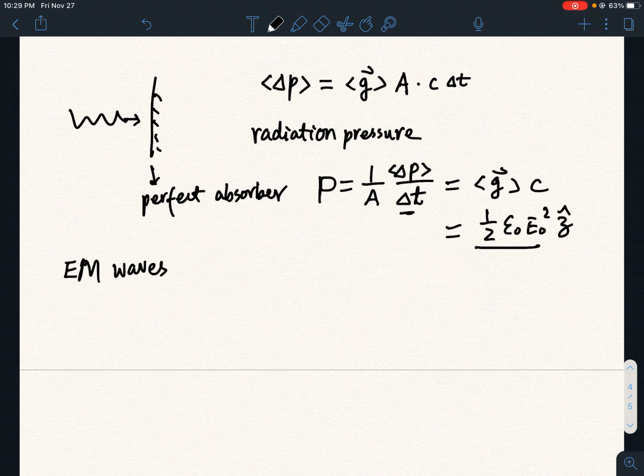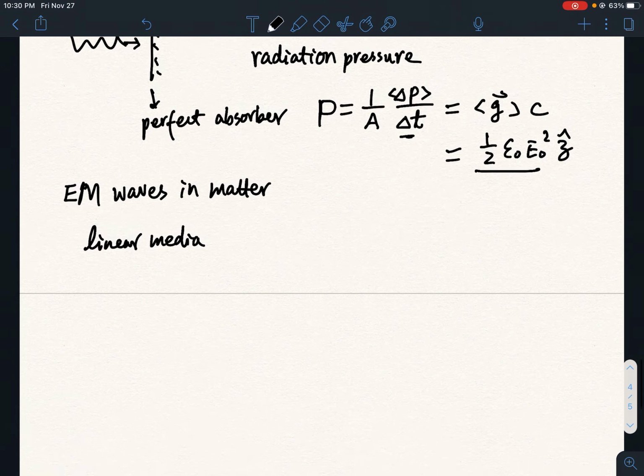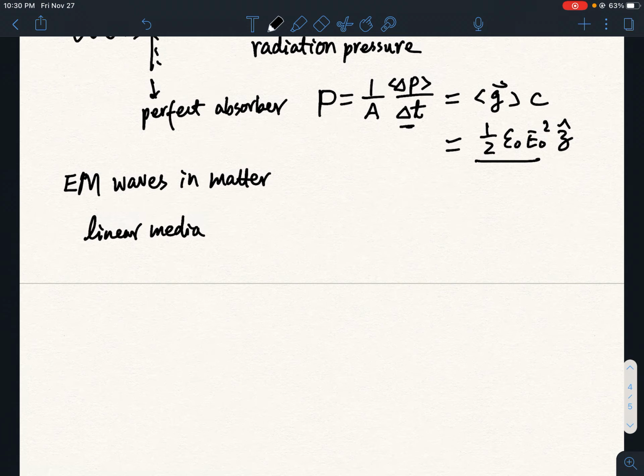Now let us consider the electromagnetic wave in matter. We know the equations that we described before, and it is often very complicated. Let us only talk about linear media, so it will be easier to handle, and we also consider the case that there is no free charge and no free current. We consider a simpler case.